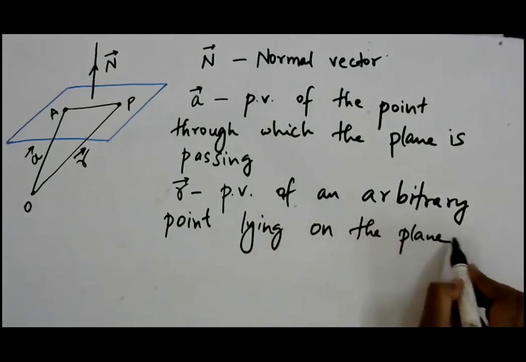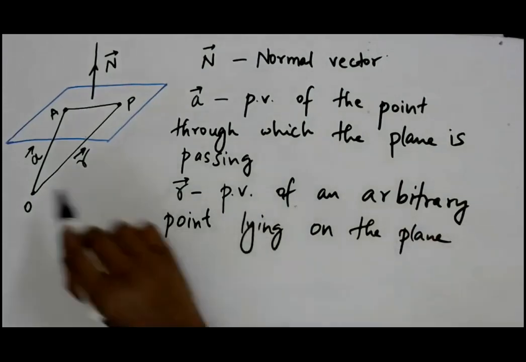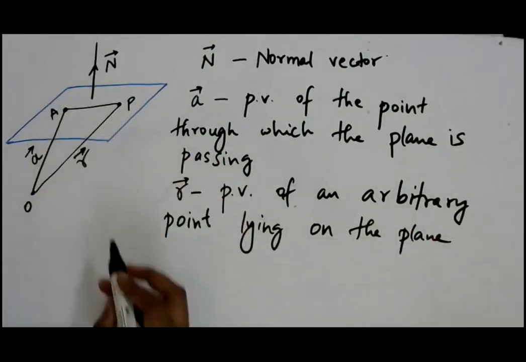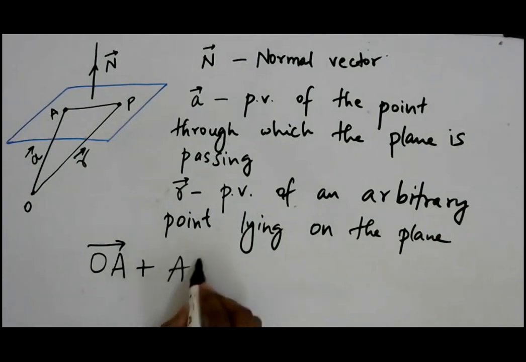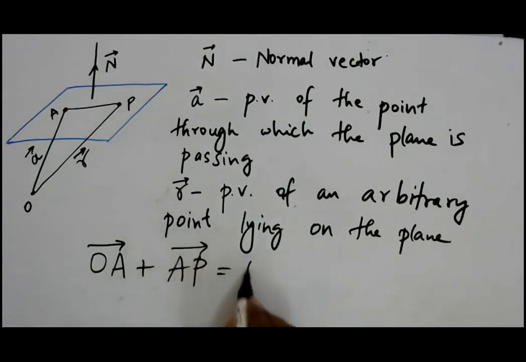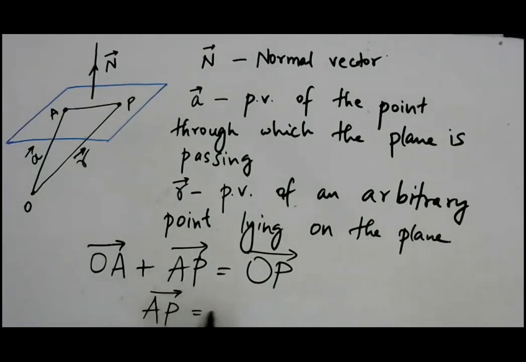So we will start with the vector addition. We have 3 vectors over here. So we can say that OA vector plus AP vector gives us OP vector, right? And rewriting this, we have AP vector is equal to OP vector minus OA vector.